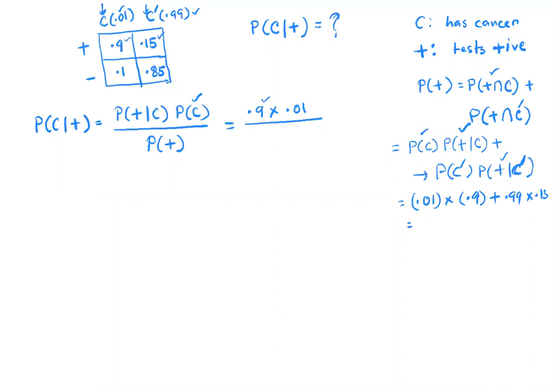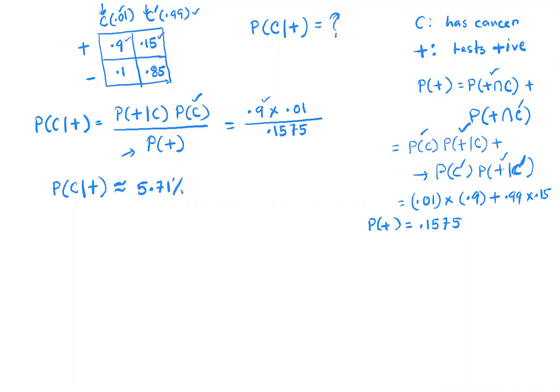If you add these two numbers after multiplying them, you get 0.1575. So your bottom number, the probability of testing positive, becomes 0.1575. If you do the math, that gives you the probability of having cancer, given that the person tested positive, is approximately 5.71%.